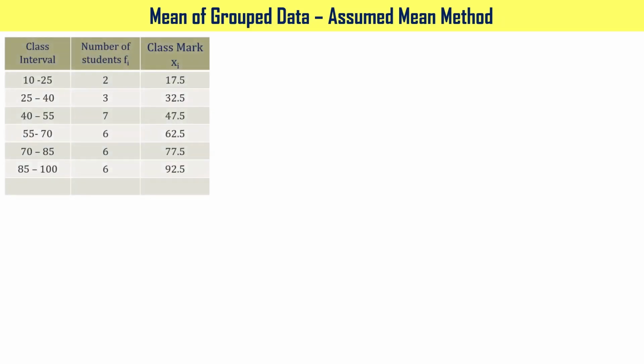Let us now understand assumed mean method for finding mean of group data. We have seen this data, right? It has got fi and xi values, and we know in the direct method we can get x bar as sigma fi xi divided by sigma fi, right? It requires multiplication of fi data with xi data.